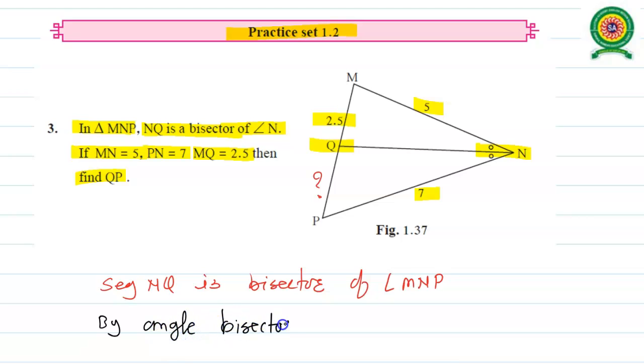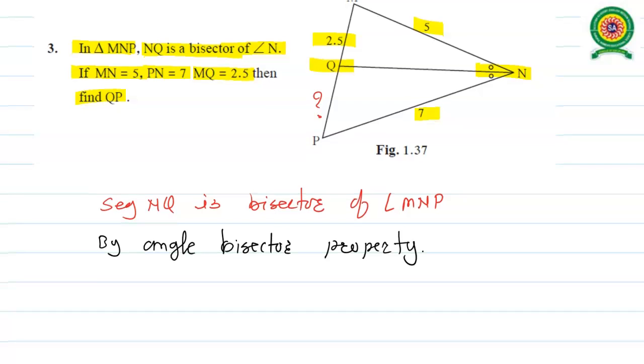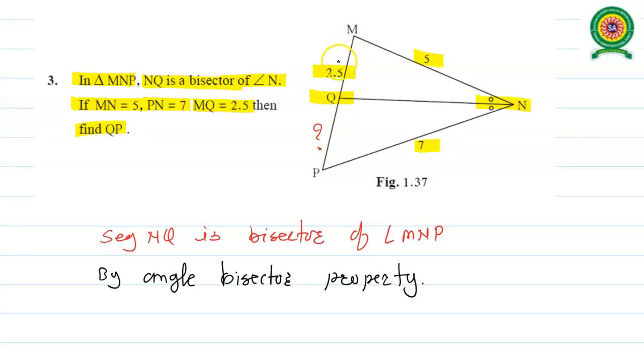What did the angle bisector property tell us? For any triangle, suppose NQ is the bisector of angle MNP. Whatever the intercepts made on the opposite side of angle N, that means here PM is the opposite side, the ratio of those intercepts, that means QP divided by MQ, equals the ratio of the remaining two sides.